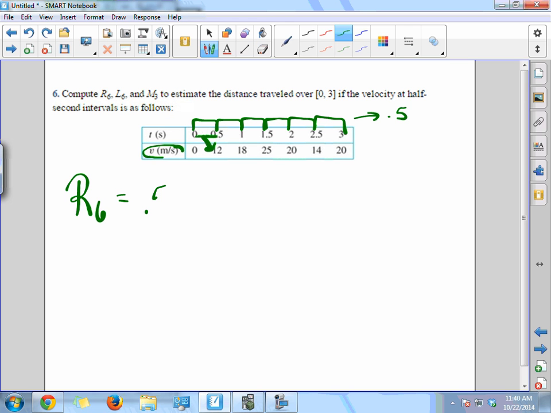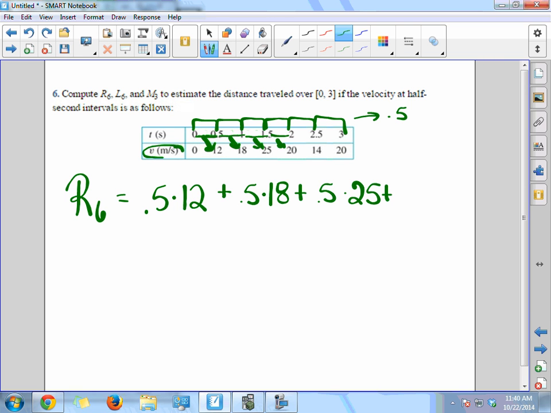I have a height of 12 plus, for the next one I have also another width of 0.5, and I have a height of 18. And then I have a width of 0.5 and a height of 25. And keep going, width of 0.5 and a height of 20. And then a width of 0.5 and a height of 14.